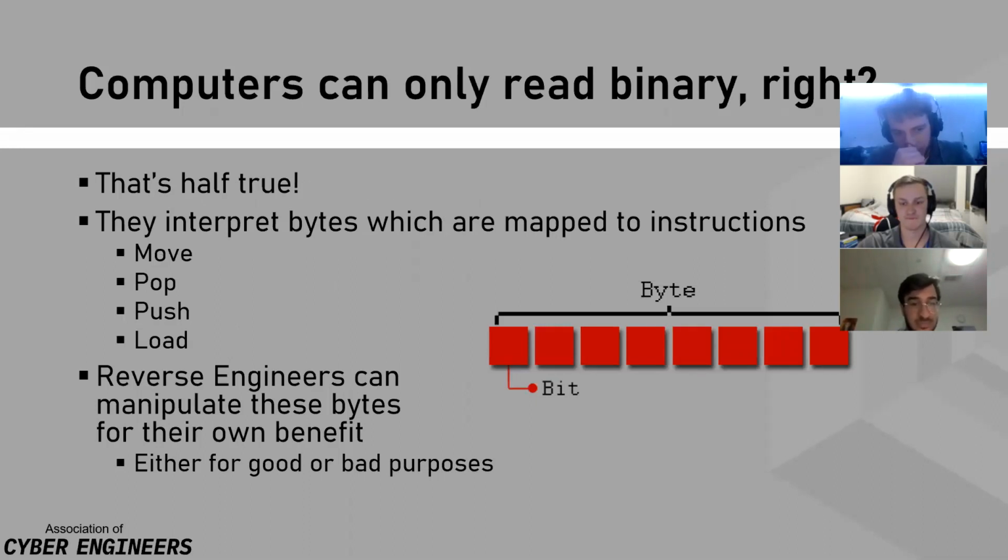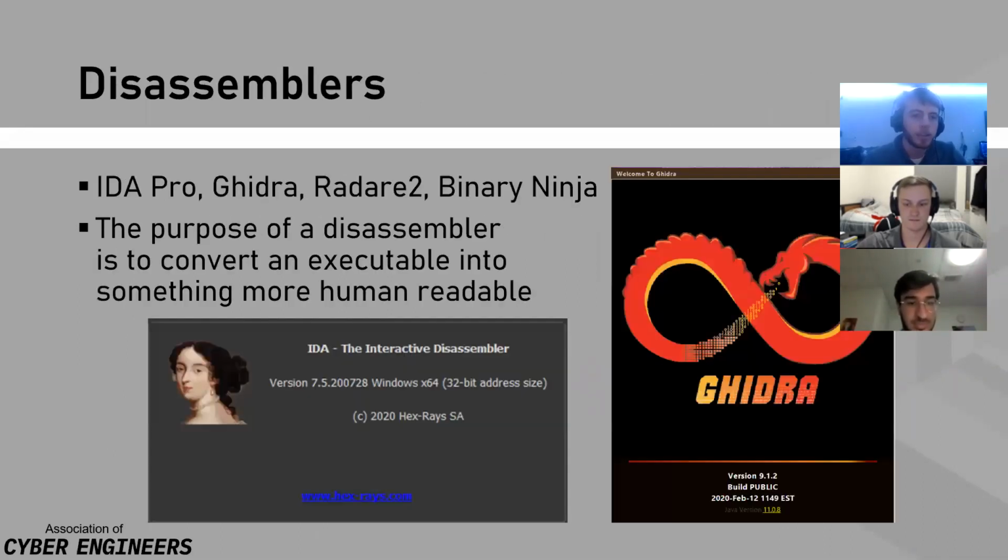So everybody knows that computers read ones and zeros. That's halfway true. Instead of reading just the 1 and 0, they read the bytes that are aligned, which are mapped to instructions like load, pop, push, and move. So reverse engineers can manipulate these bytes for their own benefit, for good or bad purposes.